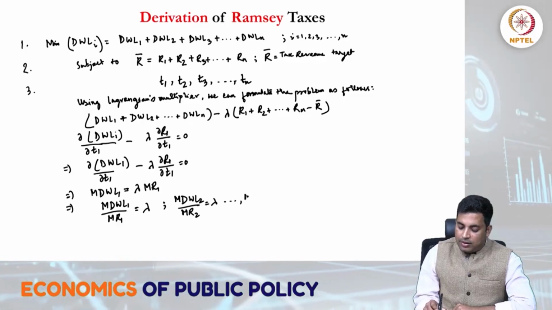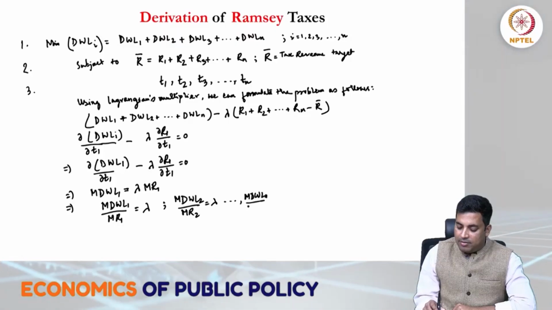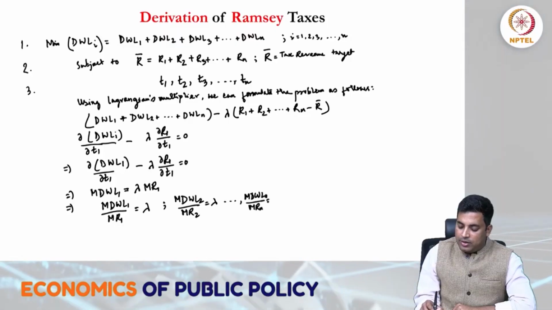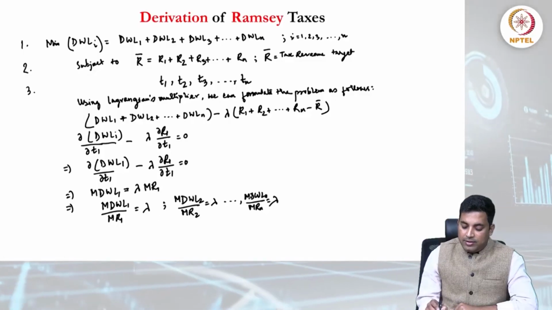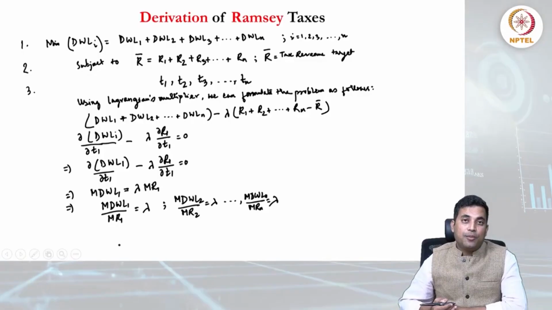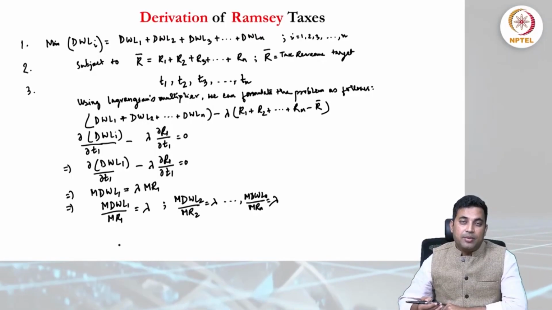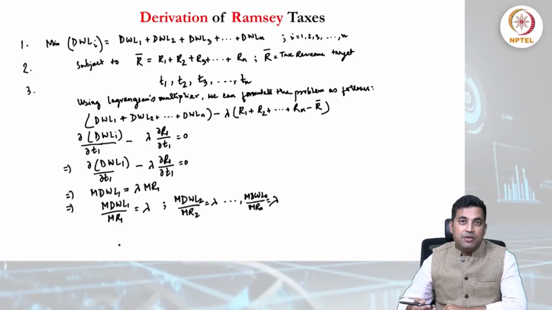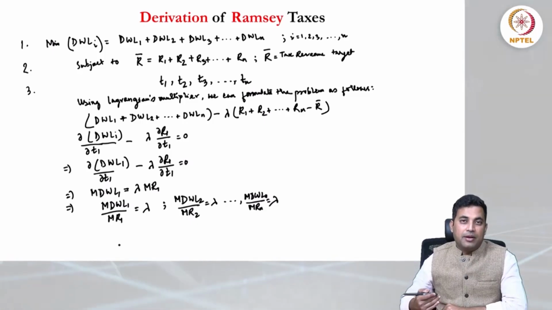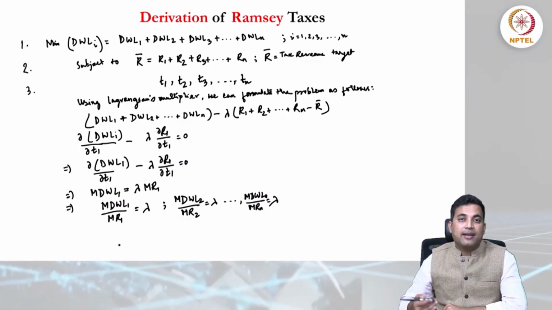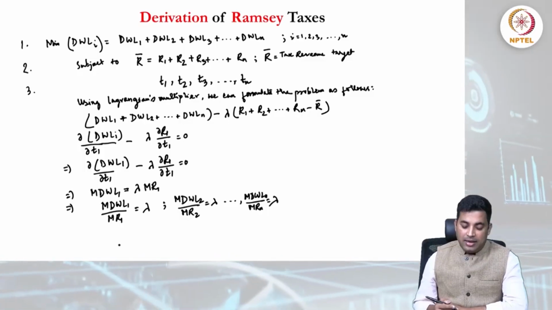Likewise we can calculate MDWLn divided by MRn equals lambda. So this lambda is equal to the ratio between the marginal deadweight loss for that particular individual and the marginal tax revenue. That is the value of lambda.